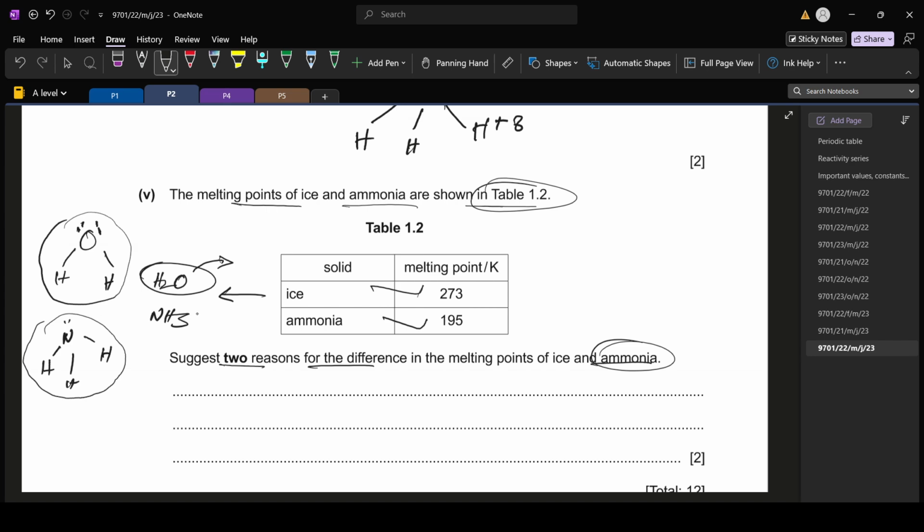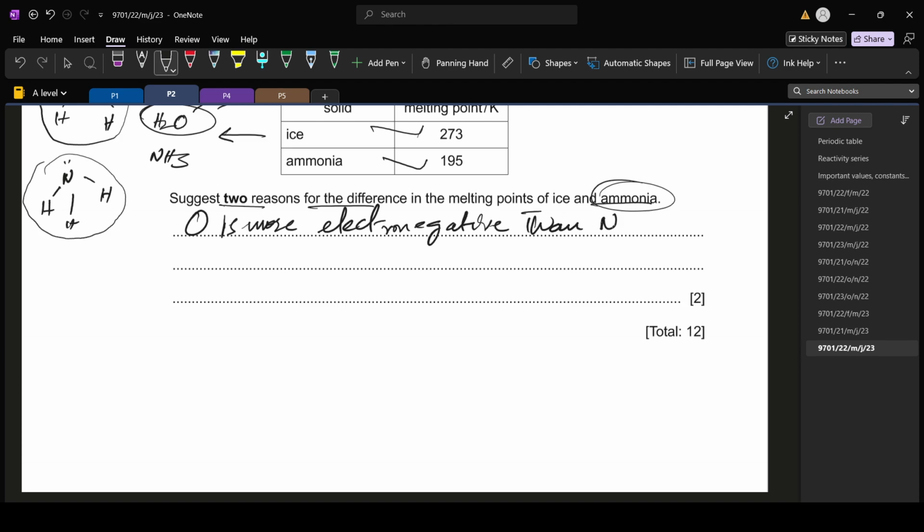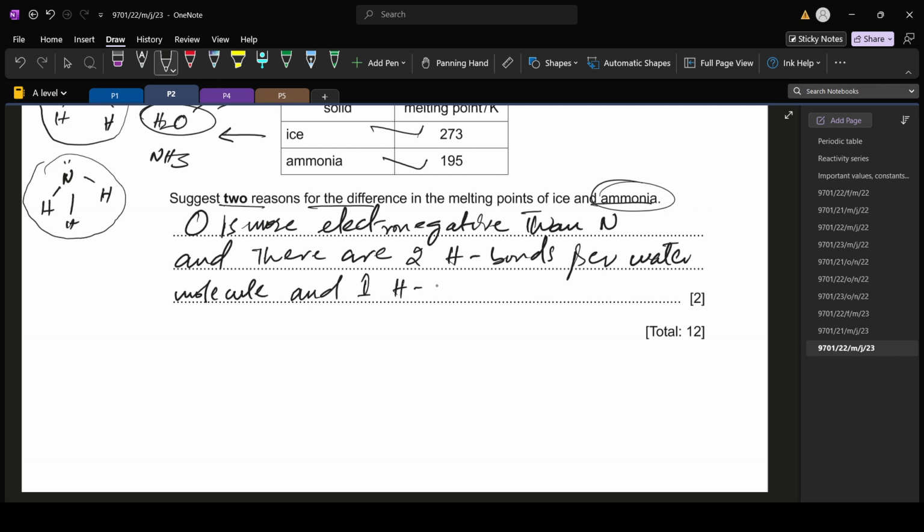So the first reason is that oxygen is more electronegative than nitrogen, and there are two hydrogen bonds per water molecule and one hydrogen bond per ammonia molecule.